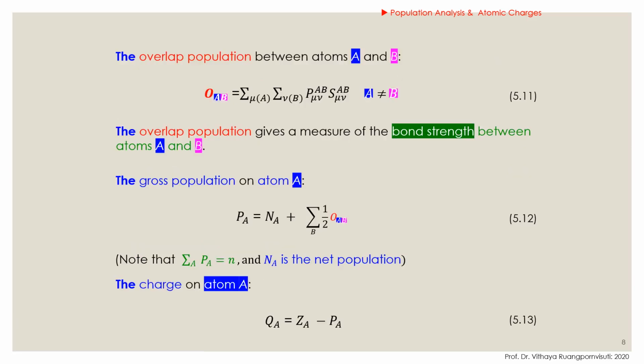The overlap population between different atoms A and B, meaning A not equal to B, can be written as shown in equation 5.11.